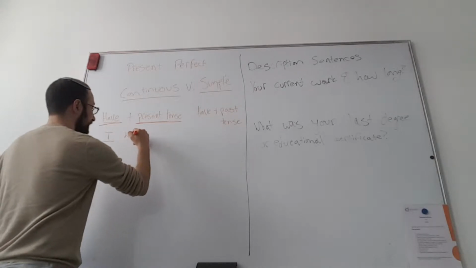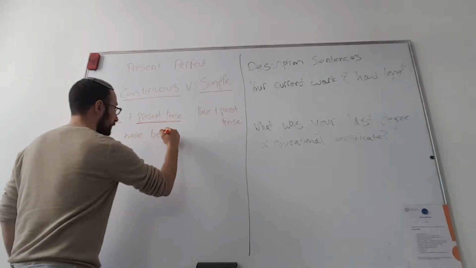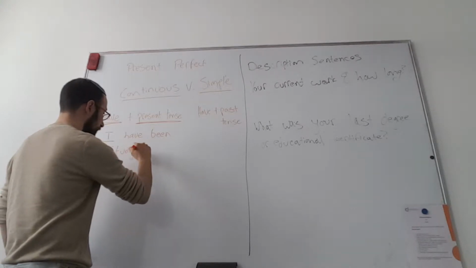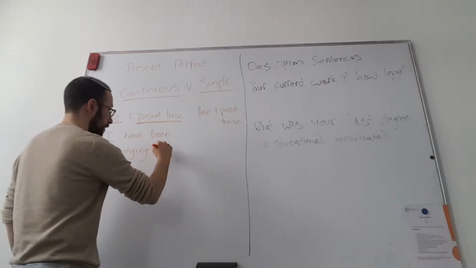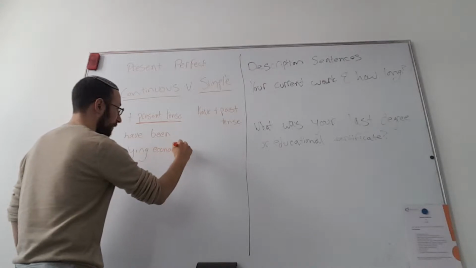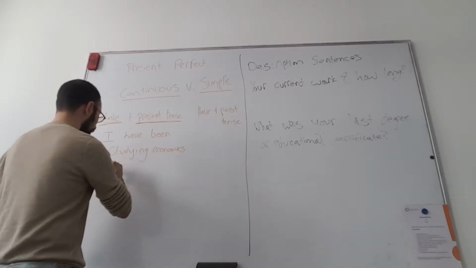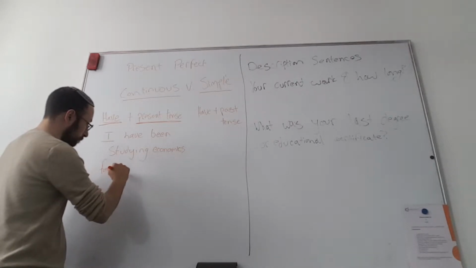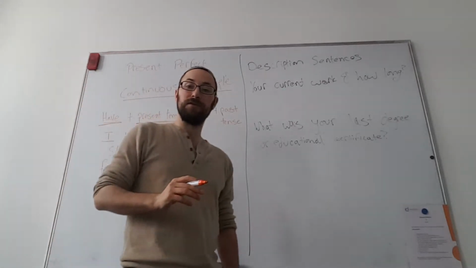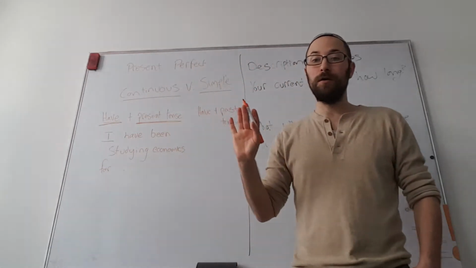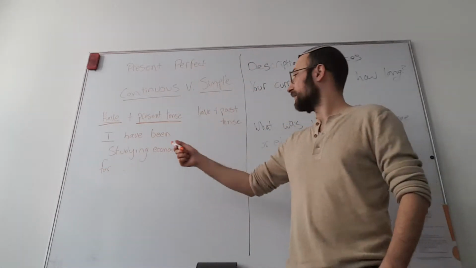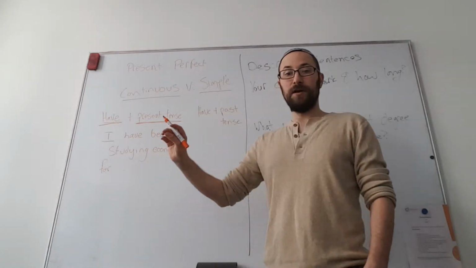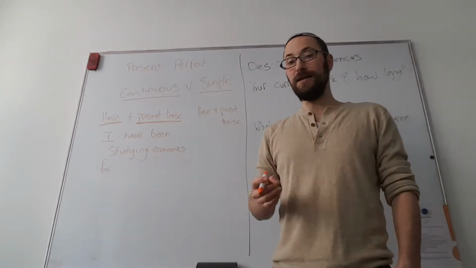You could simply say, I have been studying economics. If you want to tell them how long, you could say for however number of years. 2, 3, 4, doesn't matter. But what this says is that you have been studying economics for a certain number of years, but you will continue to study it into the future.